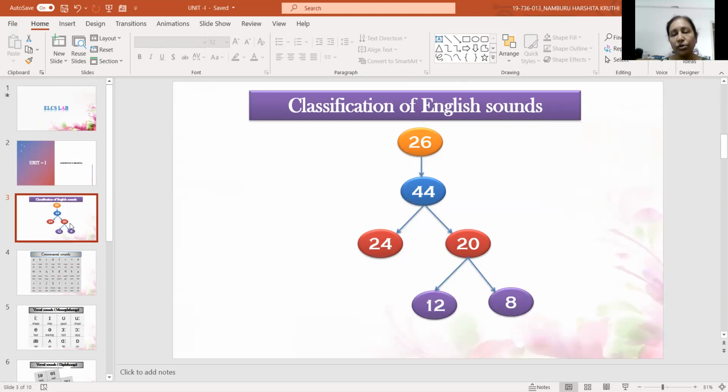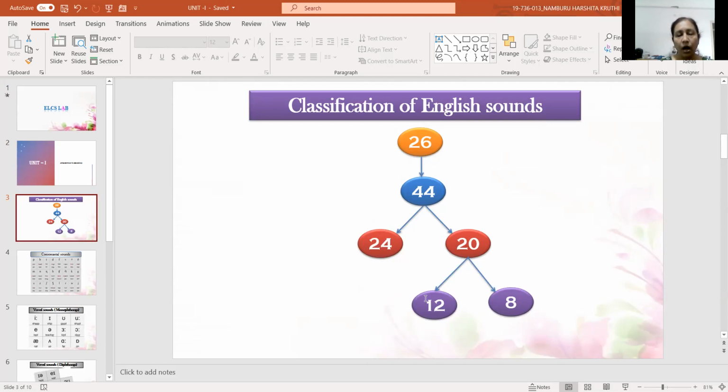When we look at phonetics of English, there are 44 sounds in English phonetics. 24 are consonant sounds and 20 are vowel sounds. Again, these vowel sounds are divided into 12 and 8. 12 are monophthongs, which are single vowels, and 8 are diphthongs, which are double vowels.